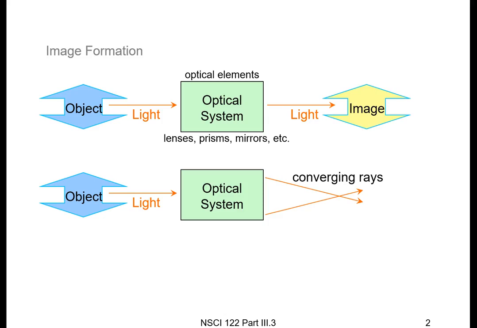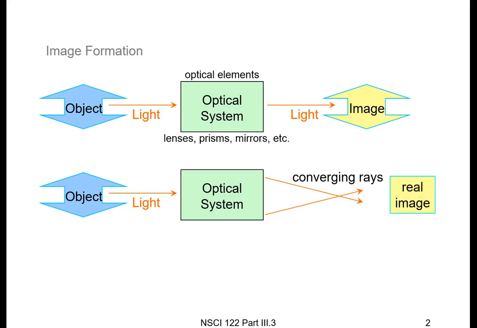But the two different ways that you can have the rays coming out are: as you see here, the rays are converging. So if you look at the optical rays after they've been bent by the optical elements in the system, the rays converge, which means they're getting closer together as you trace them from the optical system. In that case, you will get an image that's formed. It'll actually be formed at the converging point.